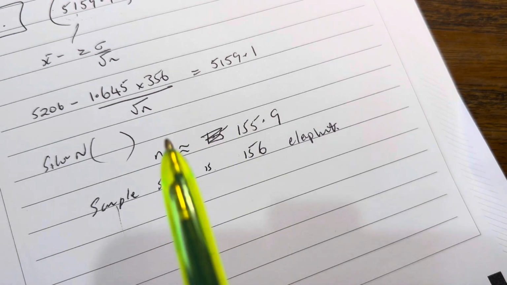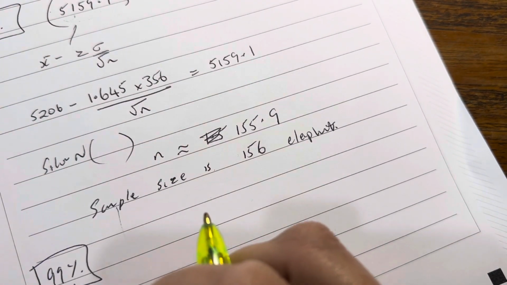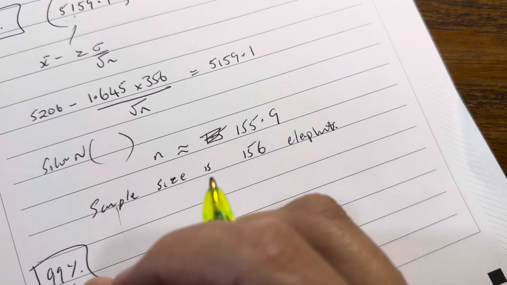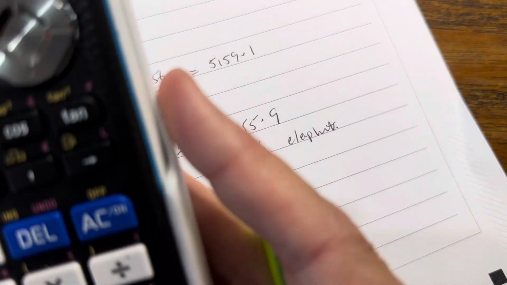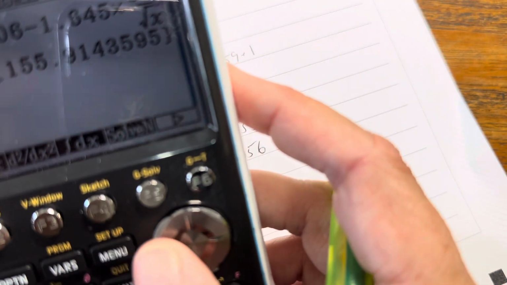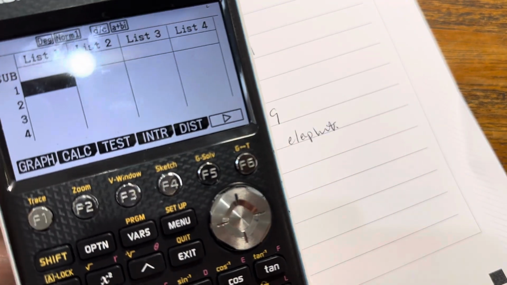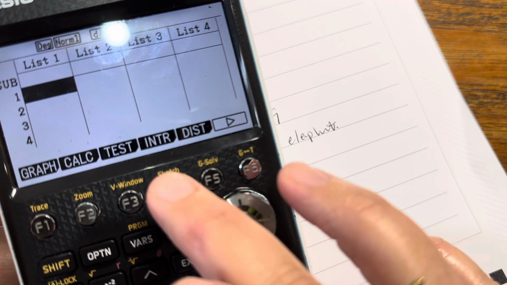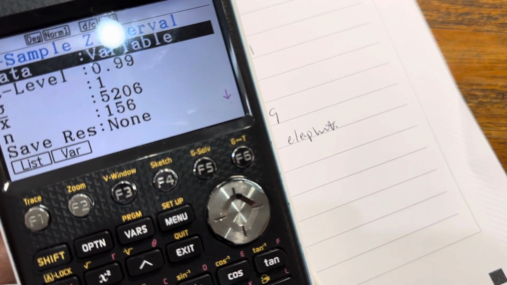All right, so then we need to work out our 99% confidence interval. We can do it by hand, or we can go into stats mode. And if I go into intra Z1, I think I must have been playing with this before.